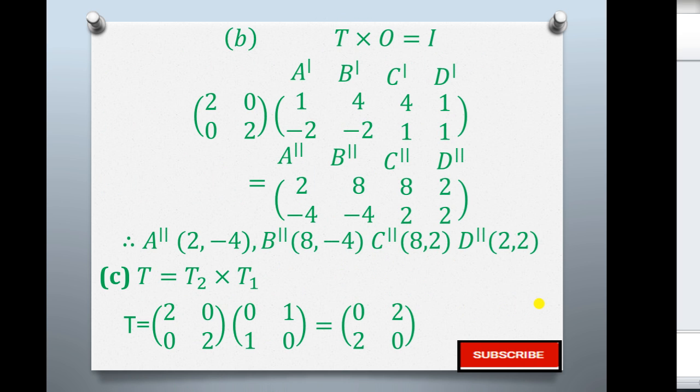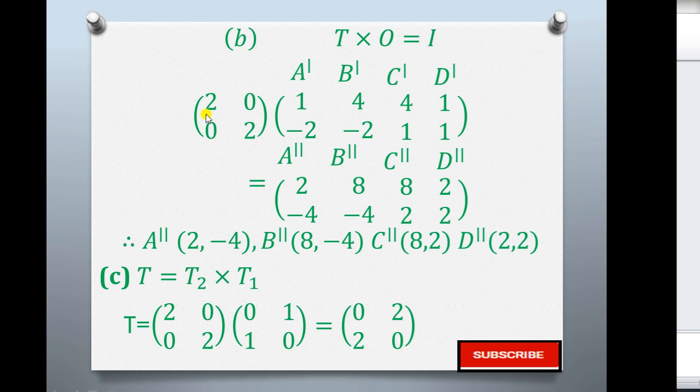Then for Roman 2, we are still going to look for the coordinates of A double prime, B double prime, C double prime, and D double prime. But remember, this time the transformation matrix we are going to use is the matrix we obtained from enlargement, which is 2, 0, 0, 2. And our object is now going to be A prime, B prime, C prime, D prime. So when we multiply the transformation matrix by the object matrix, we expect to get the image matrix.